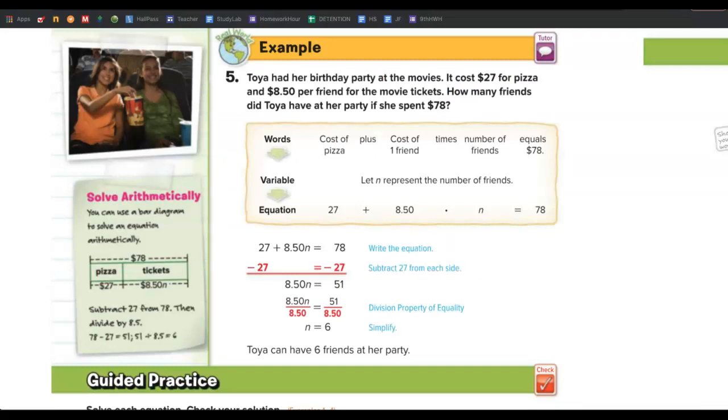The last example that I have for you today, it's the exact same thing of solving, but this time we have a story problem. Would you read the story problem for me, Angela?